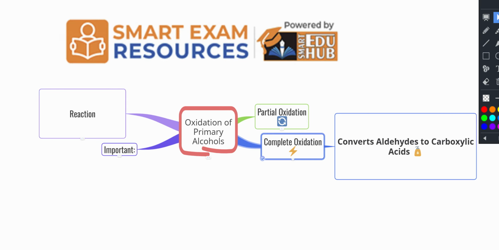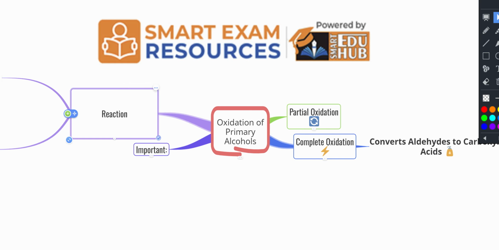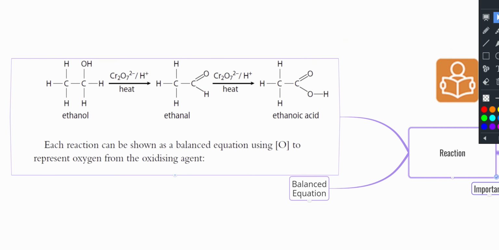And again, I'll show you the same example here. So what is happening here? Once again, I'll circle and show it to you. This alcohol represented by the OH group is getting changed into an aldehyde represented by the CHO group, and then the aldehyde is getting changed into a carboxylic acid represented by the functional group C double bond O single bond OH.